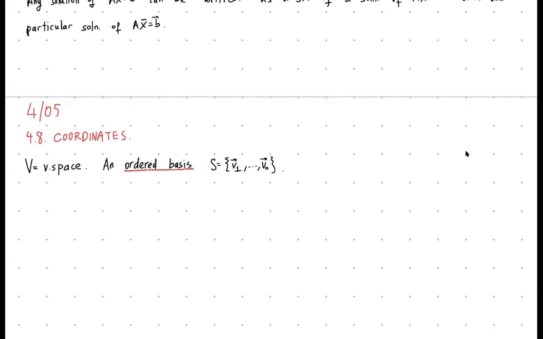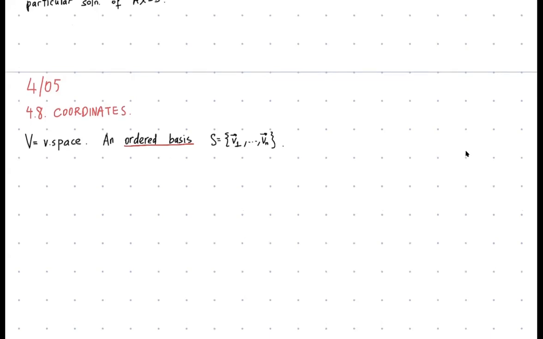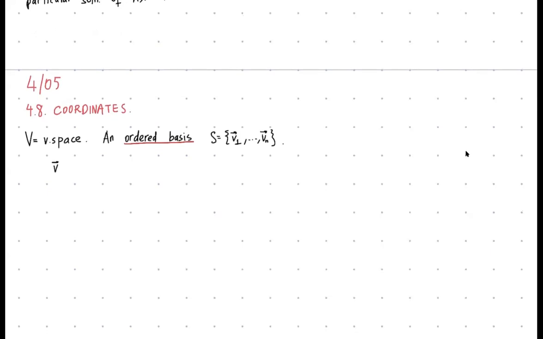So S is an ordered basis. Then what can we do? If we take any vector V in the space, since the span of these vectors is the whole space, we can write V as a linear combination of vectors in S, right?